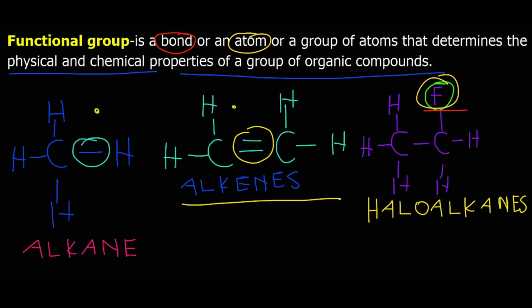And now because these compounds are different, this one is an alkane, this one is an alkene, and this one is a haloalkane, they have different physical and chemical properties. So that is why it says it determines the physical and chemical properties of a group of organic compounds. So that is the definition of a functional group.